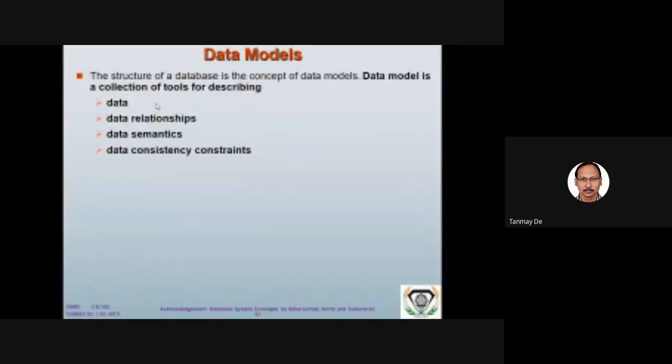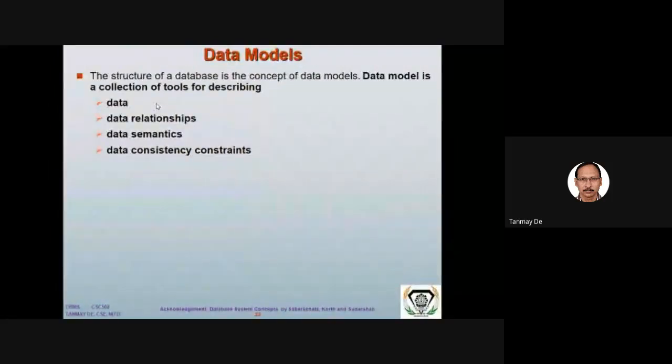In our last class, we ended with the data model. Basically, the data model is the structure of the database. Data models are conceptual tools for describing data relationships, data semantics, and data consistency constraints.